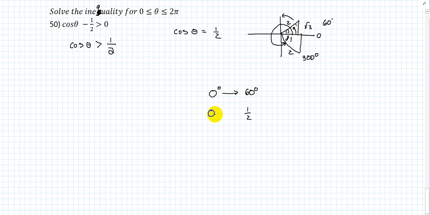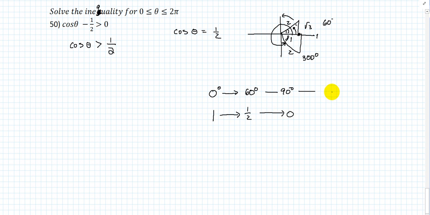Excuse me, I was thinking sine. Almost made a mistake there. Cosine starts with 1 here, and then as it goes up, it goes to 0 for the x value. So at 0, it starts at 1, and then it gets to 1/2 when it gets to 60 degrees. And then when it gets to 90 degrees, cosine becomes 0.